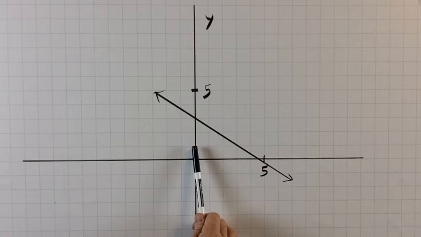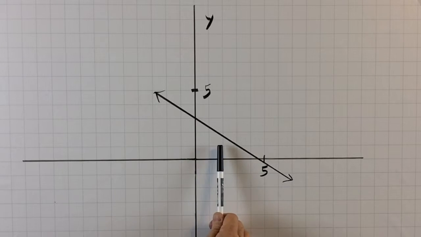And then on the x-axis, we're going to move 1, 2, 3 in a positive direction. So on the y-axis, we're moving in a negative direction 2, and on the x-axis, we're moving in a positive direction 3. So the slope is -2/3.